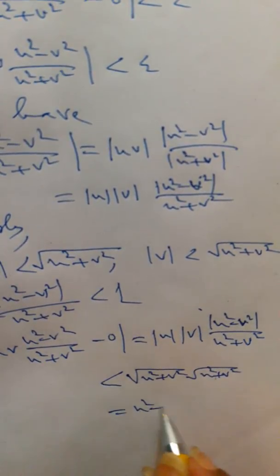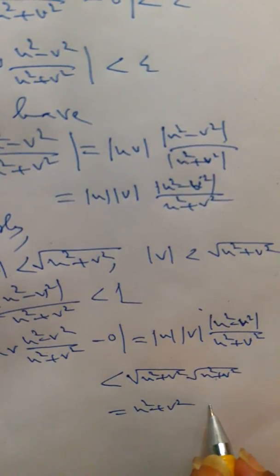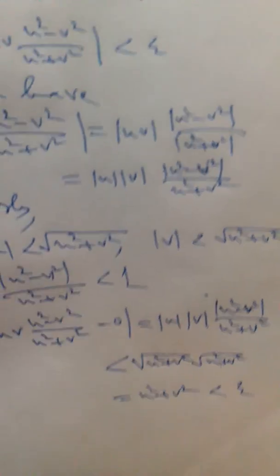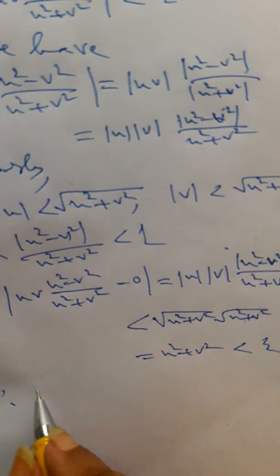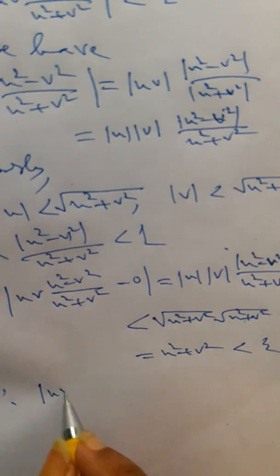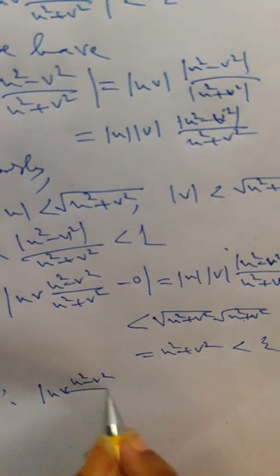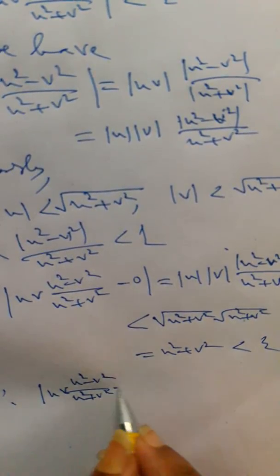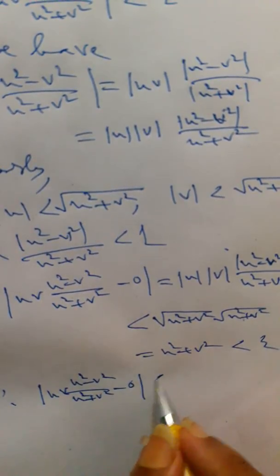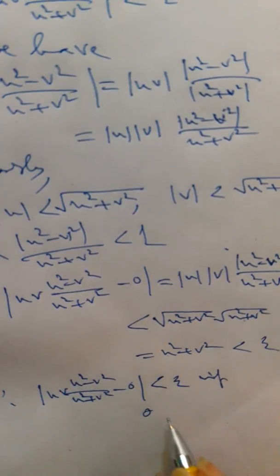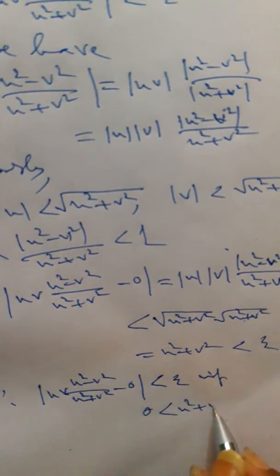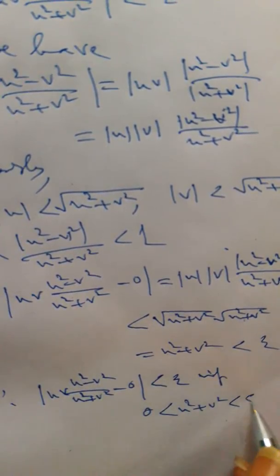So it equals u square plus v square, which we want less than epsilon. Therefore the expression minus 0 is less than epsilon if 0 is less than u square plus v square less than delta square.